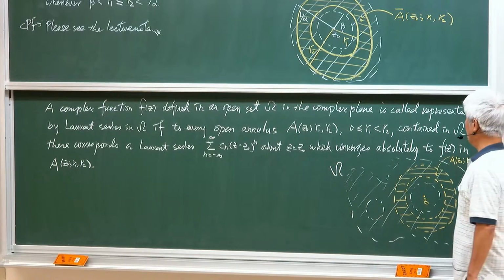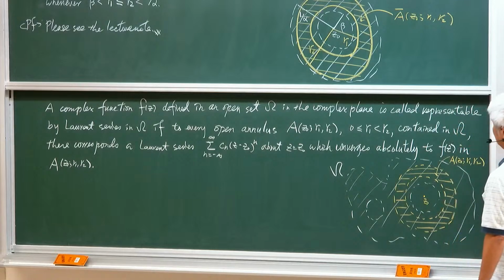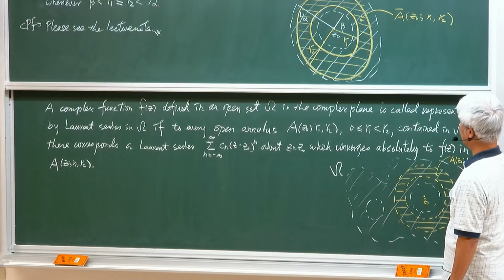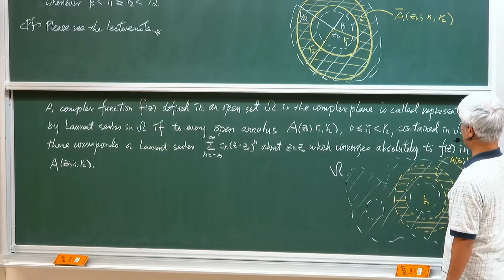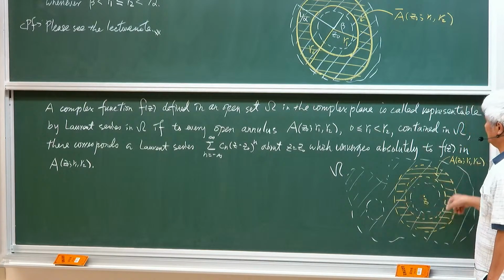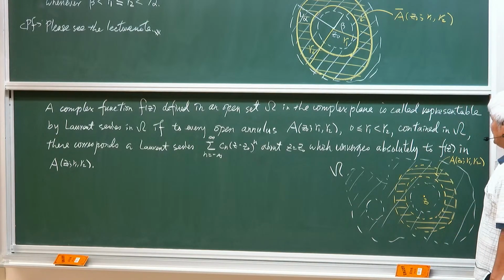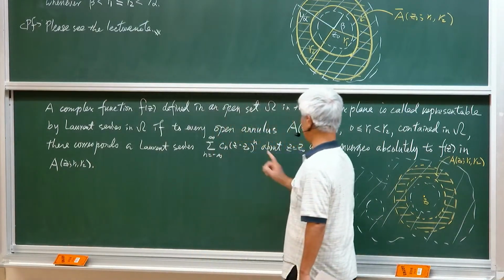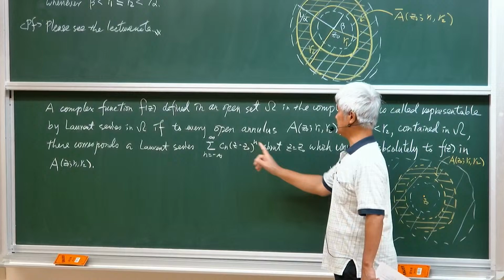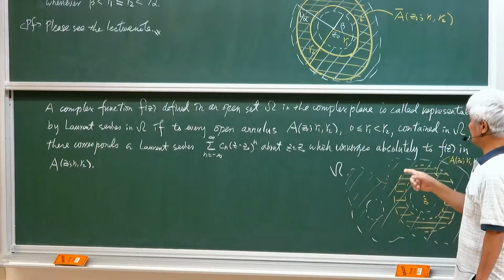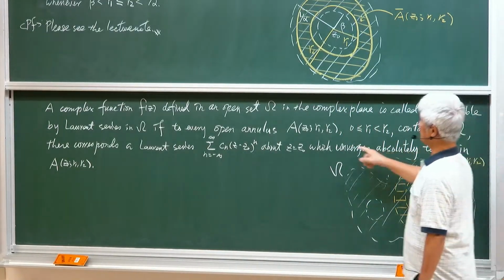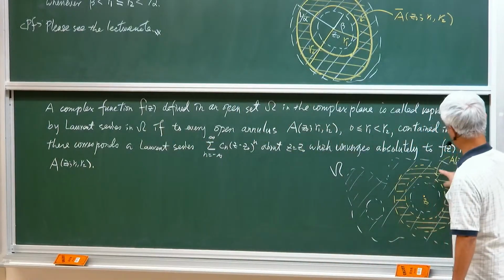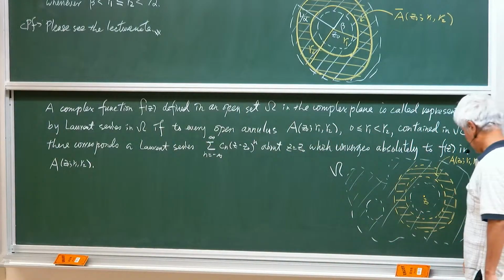Okay, and then the f of z is called representable by Laurent series because for such an open annulus, we can find the Laurent series, and this Laurent series will converge to the original function f of z in this open annulus.